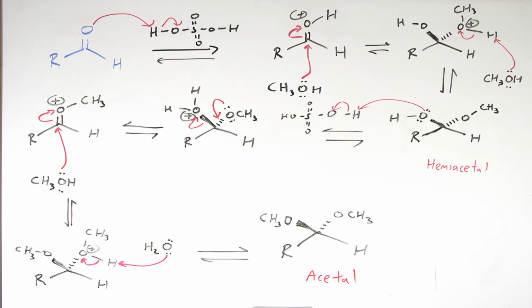I could use the alcohol as a base. Doesn't matter. As long as I'm not writing anything silly, either is appropriate. So I deprotonate that. And I'm here, which is my acetal.